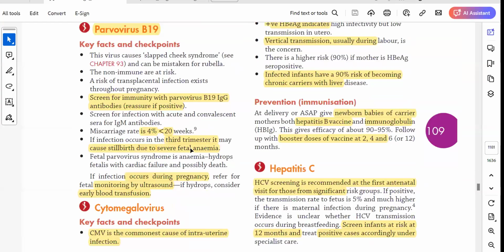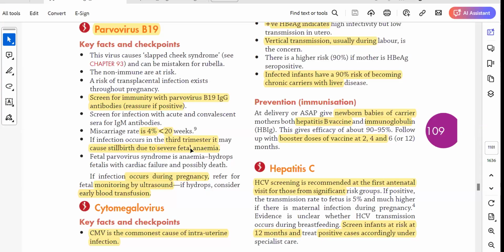Parvovirus B19. If you remember our pediatric class, parvovirus causes slapped cheek syndrome in children. So it's a viral infection. The problem is that if the mother gets contact with a child or with someone who has parvovirus B19, and if the mother gets infected, this can transmit to the baby, especially in the third trimester.